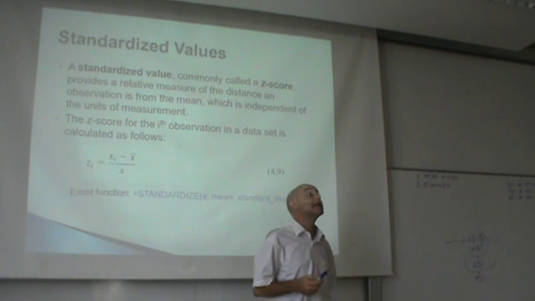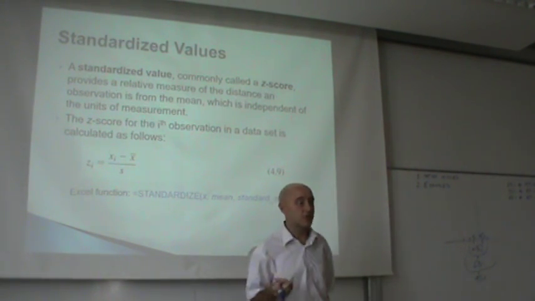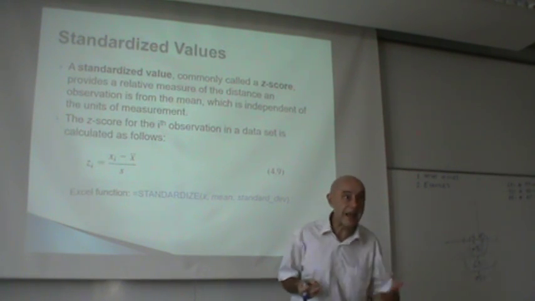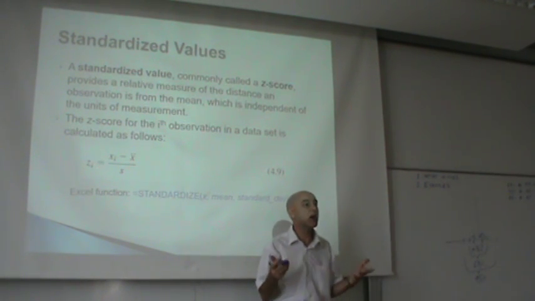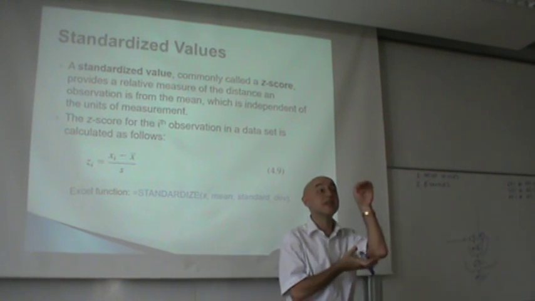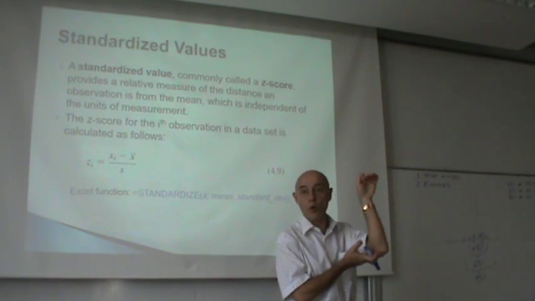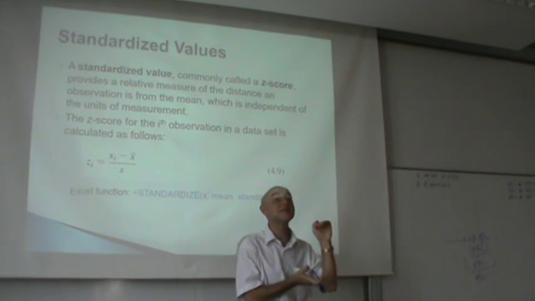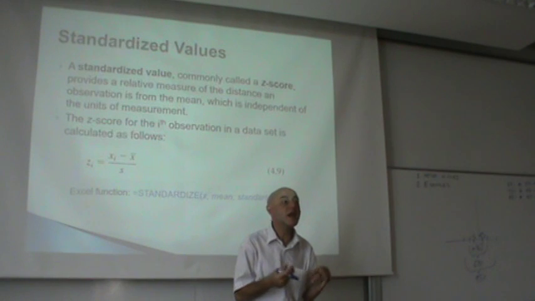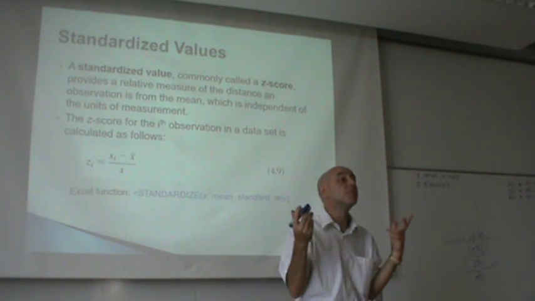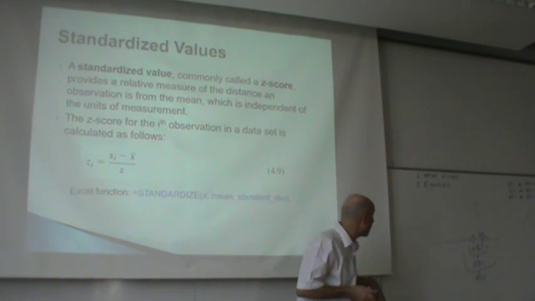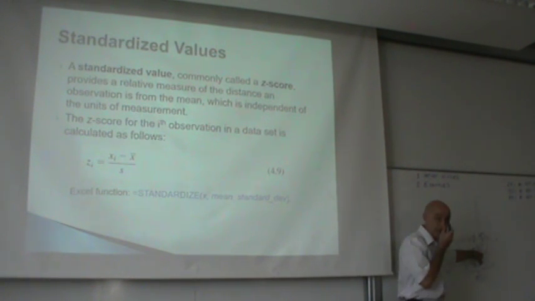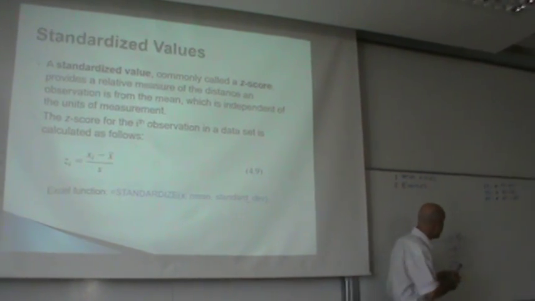You can also get standardized values. Standardized values is somehow you try to normalize things. You normalize the variation or the standard error to the mean, and you use somehow percentages. For example, here 162 is the average, and let's say somebody is tall, 170.